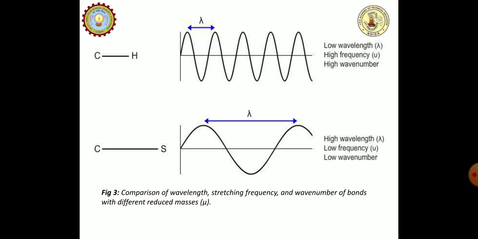Low lambda means higher frequency and higher wave number. We already know the relation between frequency and lambda: frequency mu is equal to 1 divided by lambda. Clear? Good. Next, the C single bond S has lower frequency and lower wave number, with higher lambda value.